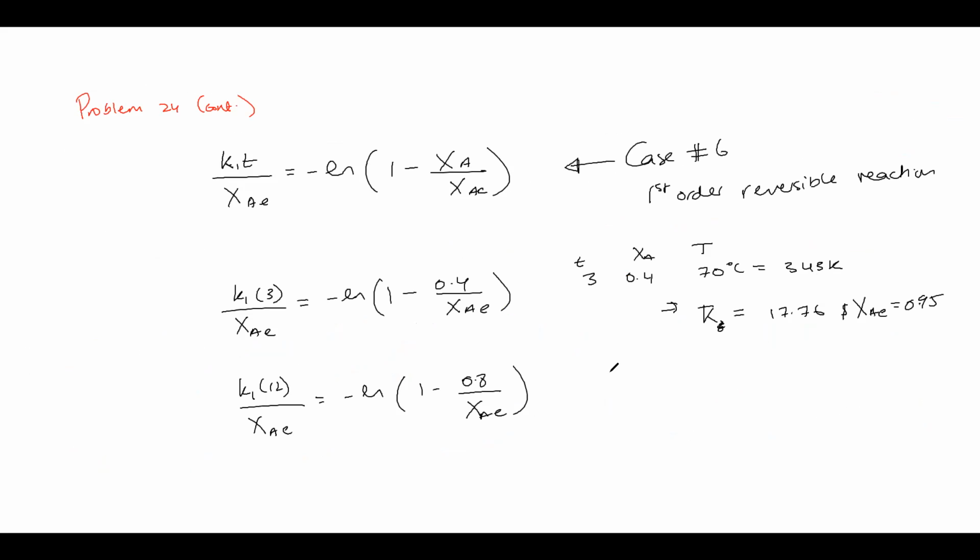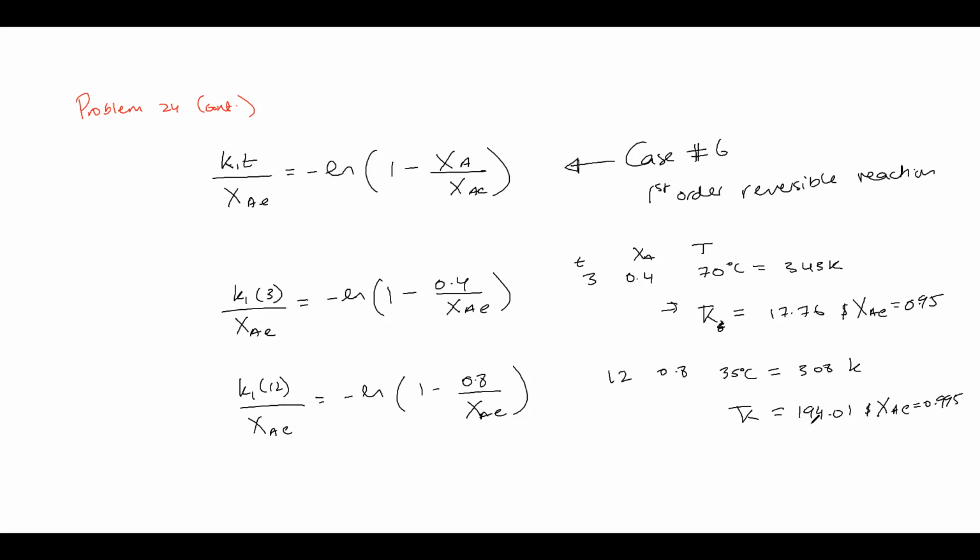Similarly for the second conditions where it's 12.8 and the temperature was 35 degrees Celsius, which is 308 Kelvin. Using this, you can get a value for K to be equal to 194.01 and a value for XAE to be equal to 0.995. Okay, so now I have K and XAE for the two scenarios.